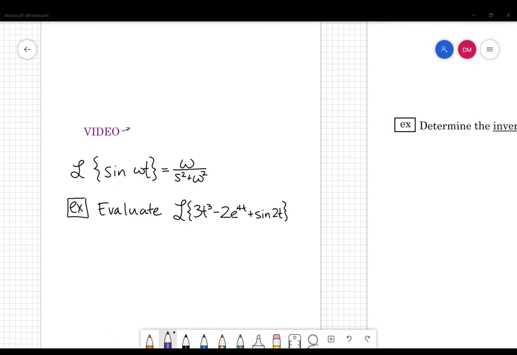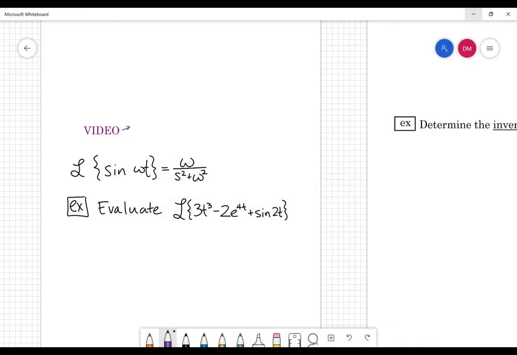Basically the video derives the Laplace of f prime. And so the Laplace of f prime of t, which is important because we were talking about differential equations, so we should know what our first derivative looks like.